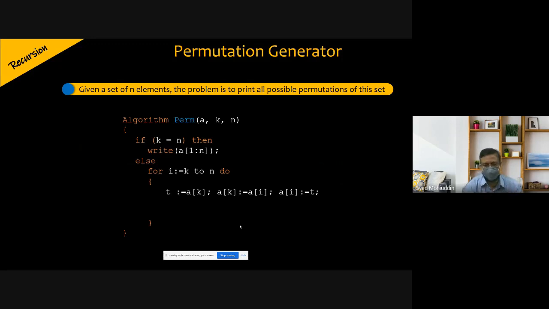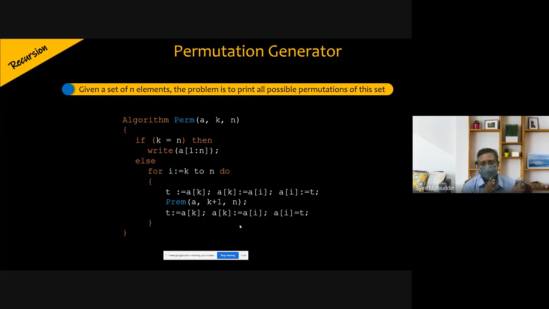We are trying to form the permutations by swapping, like if we have A and B, the next time it will be B and A. Then again call permutation for the next part, from k plus 1 till n, in the same for loop. This is how recursion is done. Then again swap the elements.